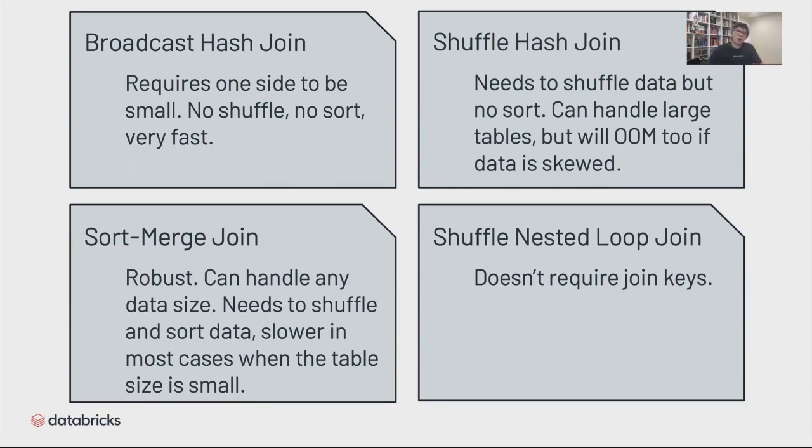The sort merge join is much more robust, can handle any data size, and needs to shuffle and sort the data, and is slower in most cases when the table size is small, especially compared with broadcast hash join.